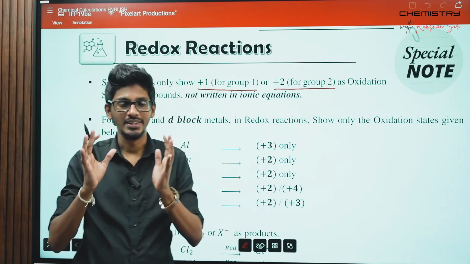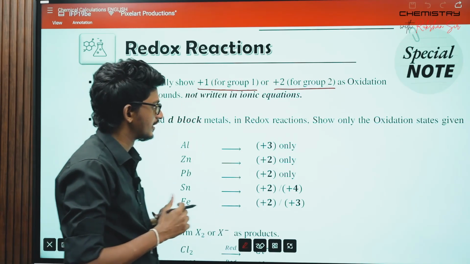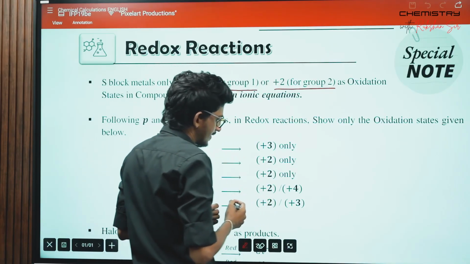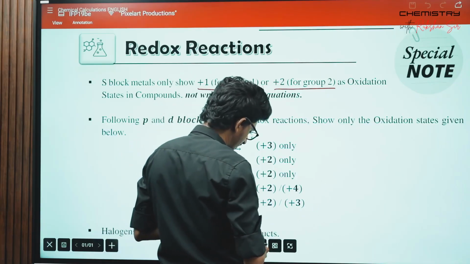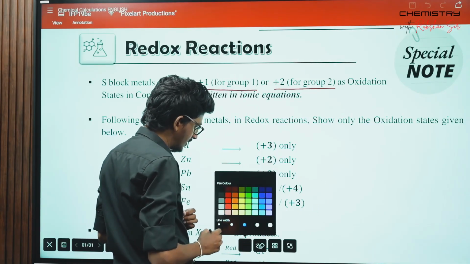Let's see, if you are with potassium permanganate, let's consider the example which we discussed earlier.